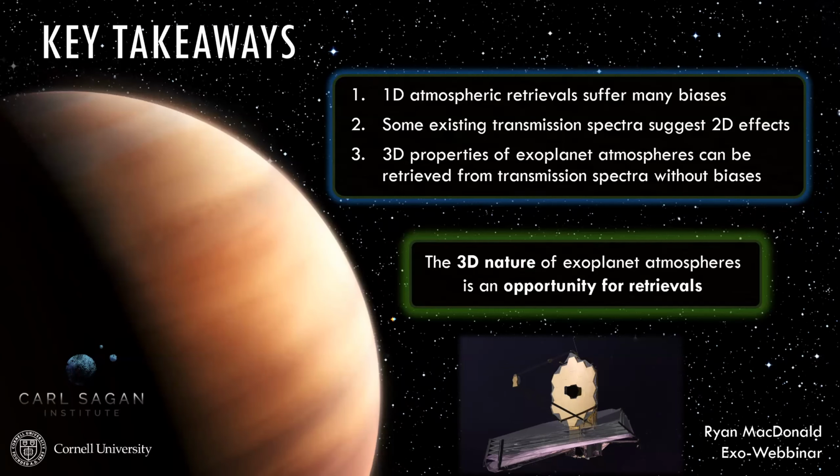And if we do find that the retrieval is not able to obtain an adequate fit, then we will further develop the retrieval framework. The idea is to iteratively develop this until we can find a retrieval which is general enough to be able to reproduce state-of-the-art GCM spectra. So yeah, it's something that we do have to bear in mind, and that's a very important point that you raised there.